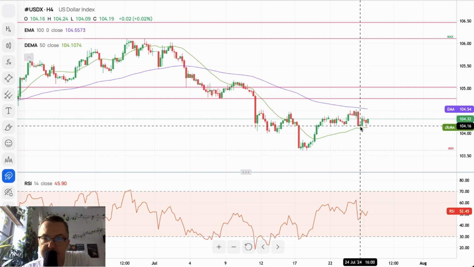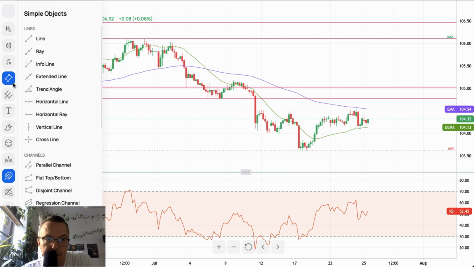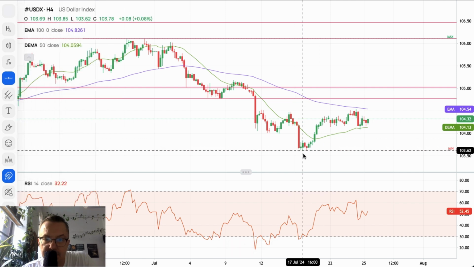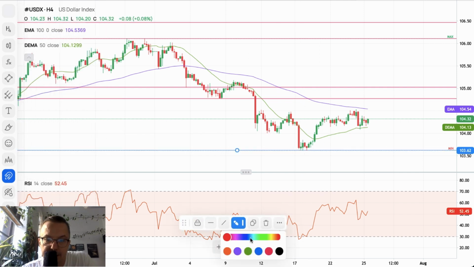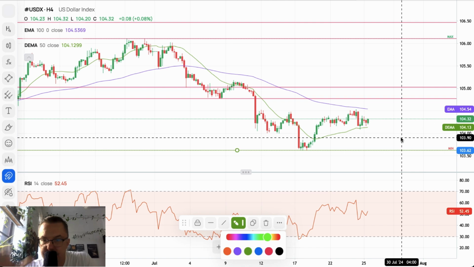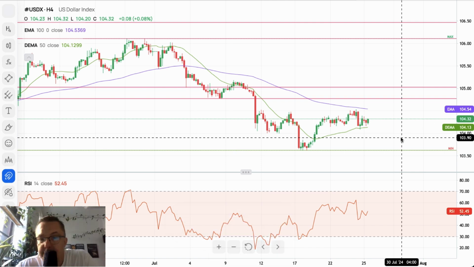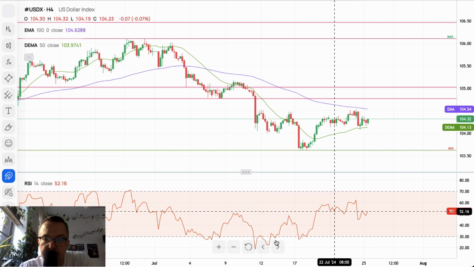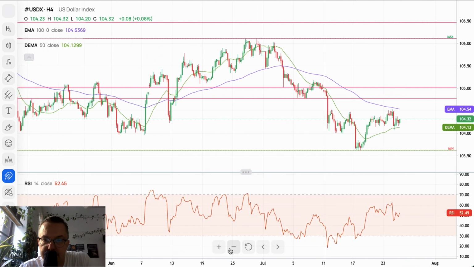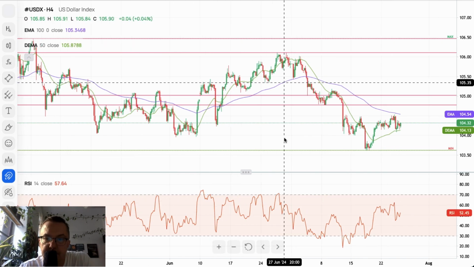It is a range-bound market, roughly, with limited volatility, as you can see. Technical support is 103.62, and right now we are waiting for the market to develop some kind of a directional movement.